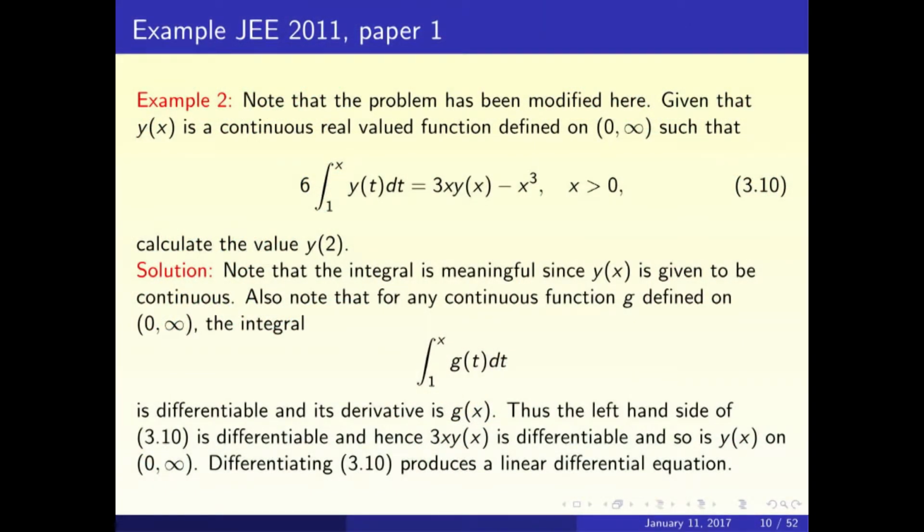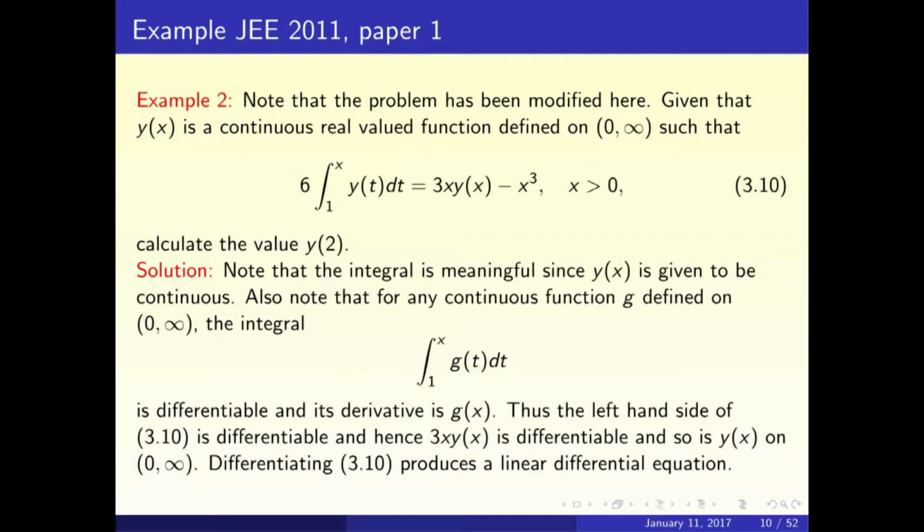Next, we should differentiate 3.10 with respect to x and appeal to the fundamental theorem of calculus. The left hand side becomes 6 times y of x. On the right hand side of 3.10, you will get many terms.